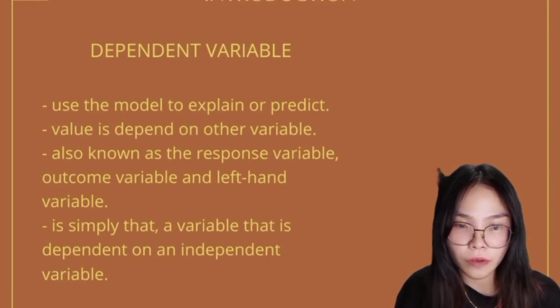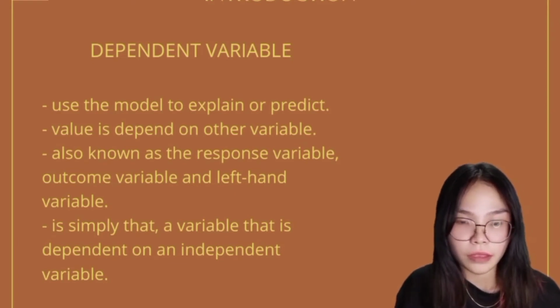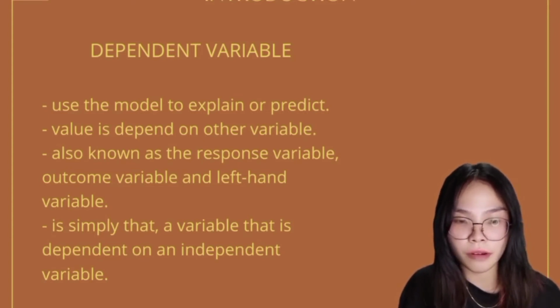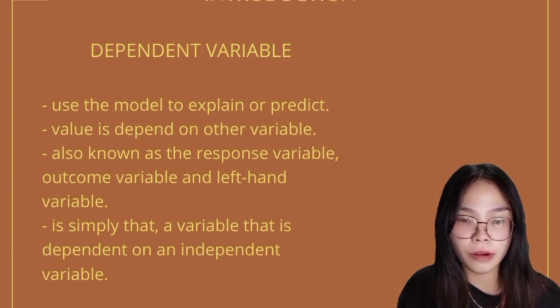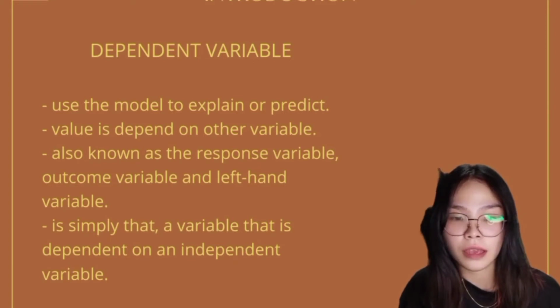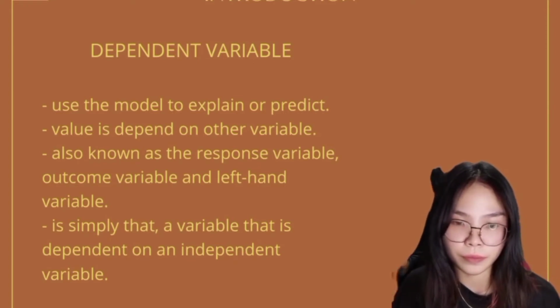The values of these variables depend on other variables. It is also known as the response variable, outcome variable, and left-hand variable. The dependent variable is simply a variable that is dependent on an independent variable.